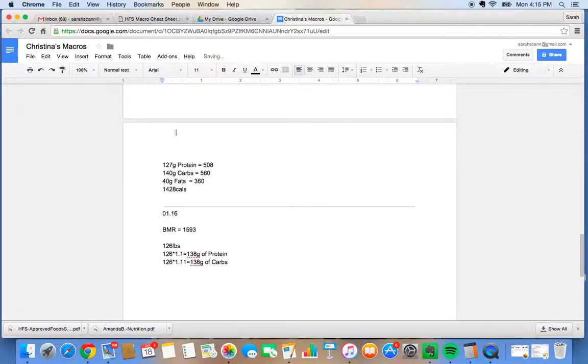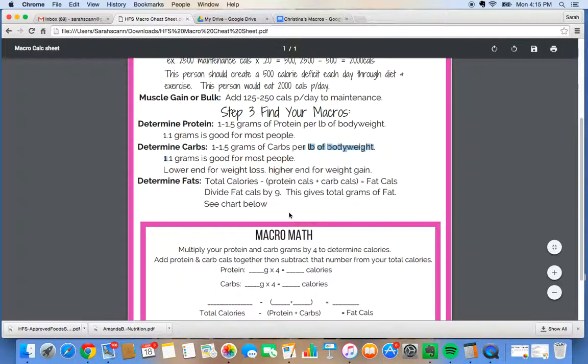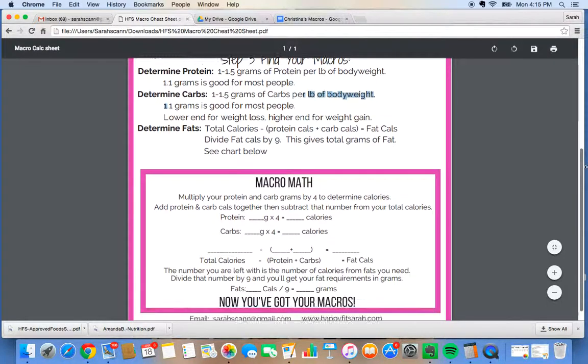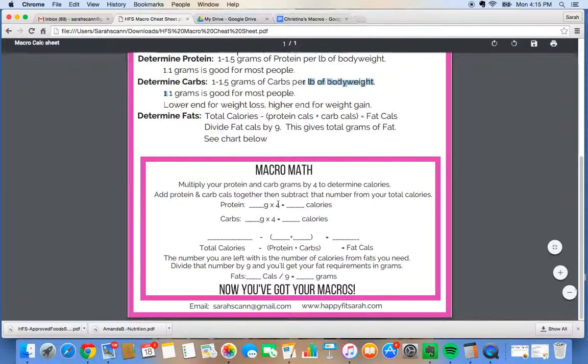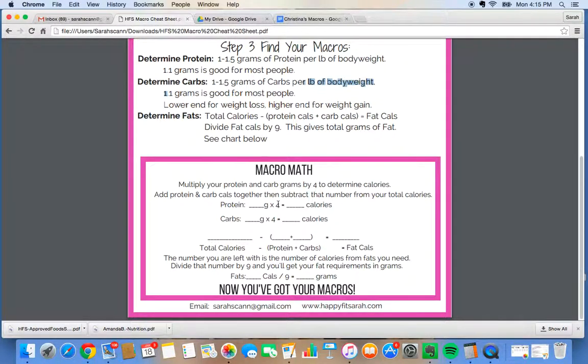Okay, and now the next step is going to be determining your fats. So before we determine your fats, we need to figure out how many calories altogether your protein and carbs make up. So you're going to multiply your number of grams of protein by 4 because there are 4 calories in every gram of protein.